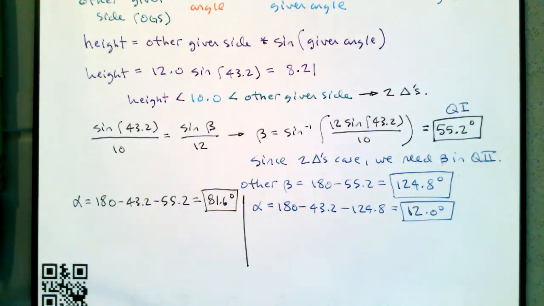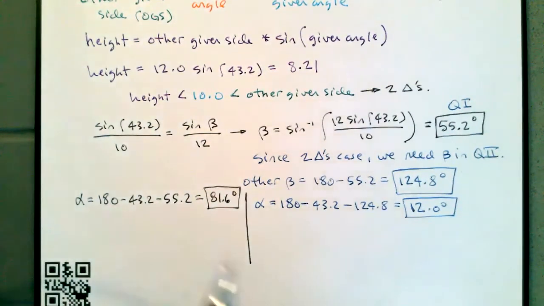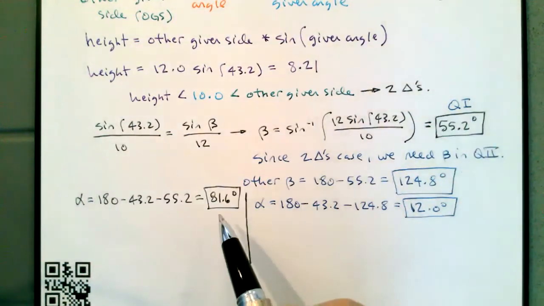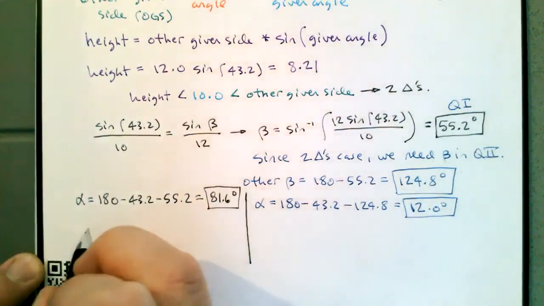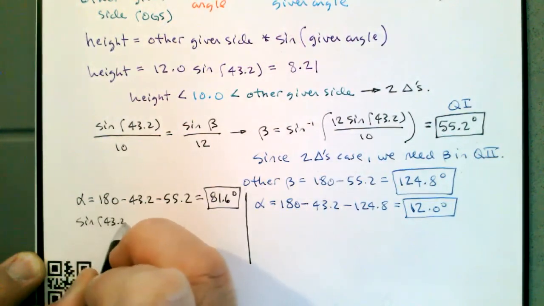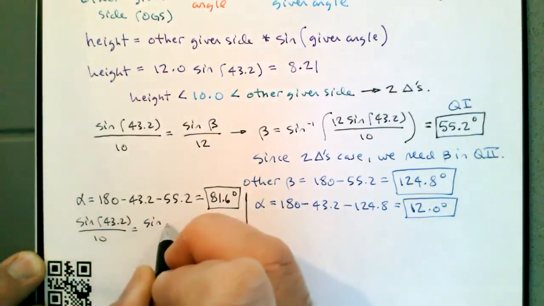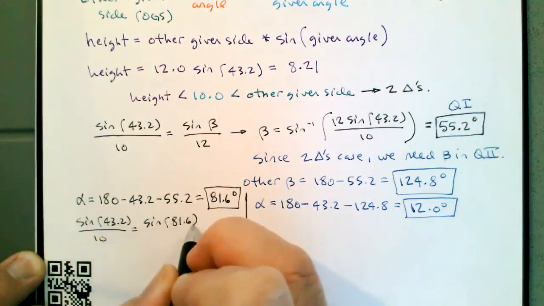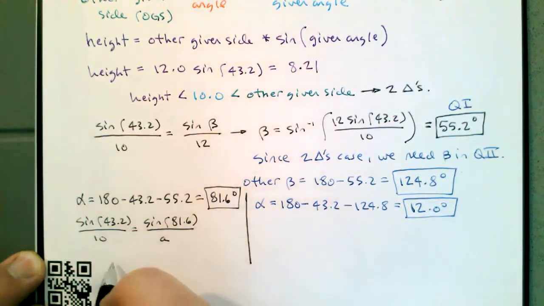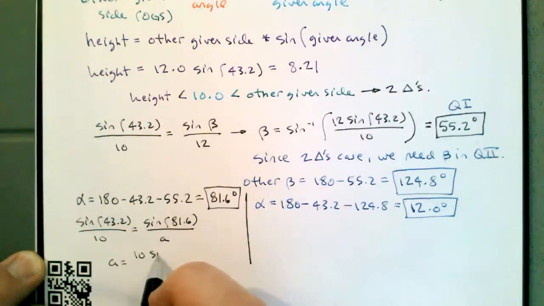Once we have that alpha, we need to use the law of sines again to find the last side. I've got first beta, first alpha, so now I need to find A. So I need to take the sine of 43.2 divided by 10 is equal to the sine of alpha, which is 81.6, divided by A. So here A is going to be 10 sine of 81.6 divided by the sine of 43.2.